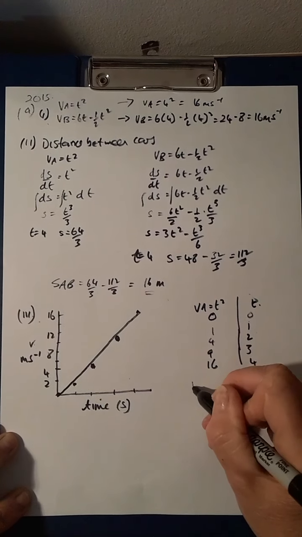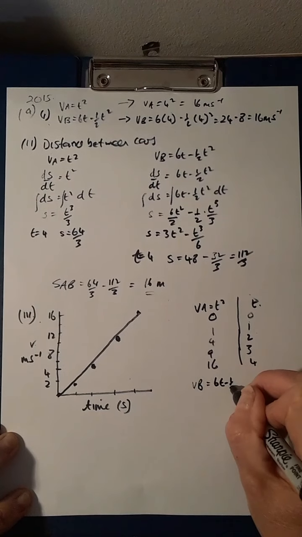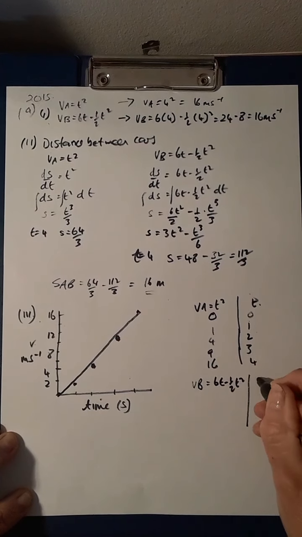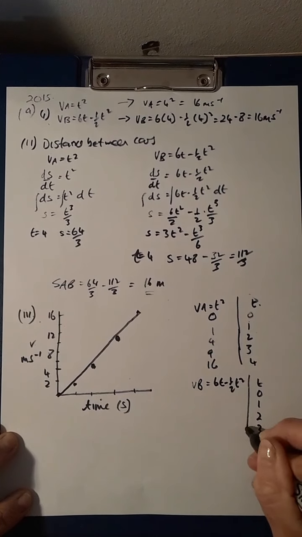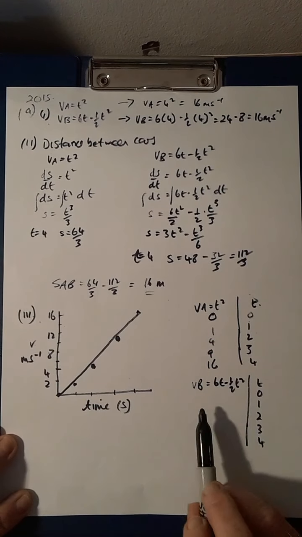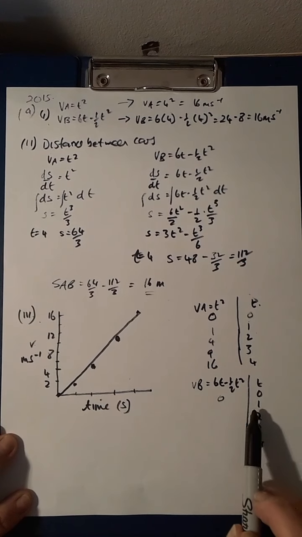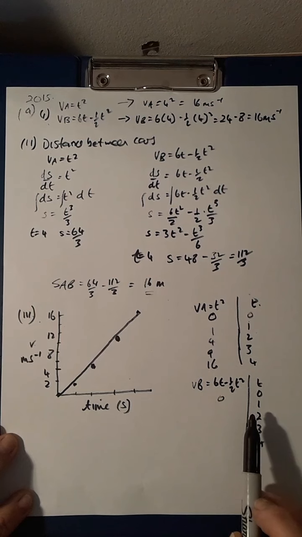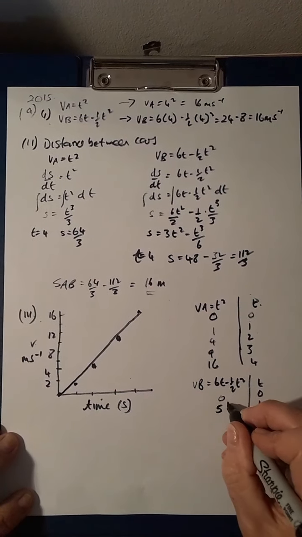I'll do the same now for VB. VB is 6t minus a half t squared. Time again for the first 4 seconds: 0, 1, 2, 3, 4. So I'll find the corresponding velocities. It starts from rest. VB when t is 1 will give me 6 minus a half, which is 5.5.